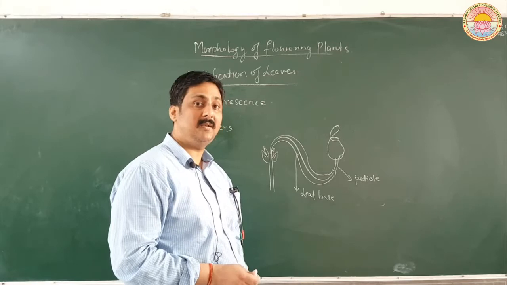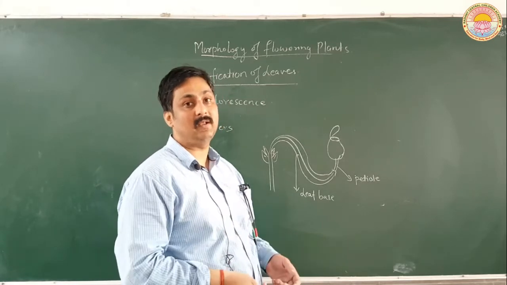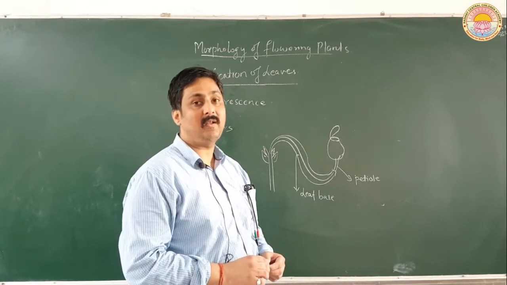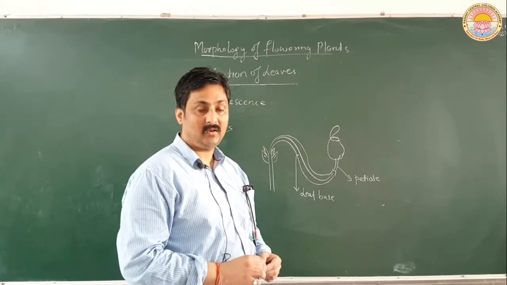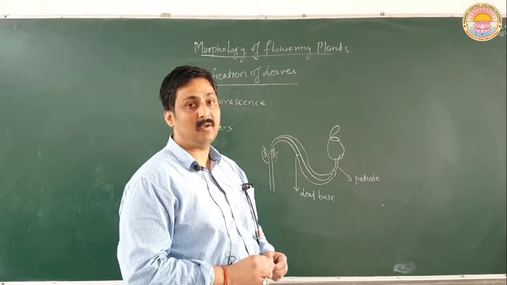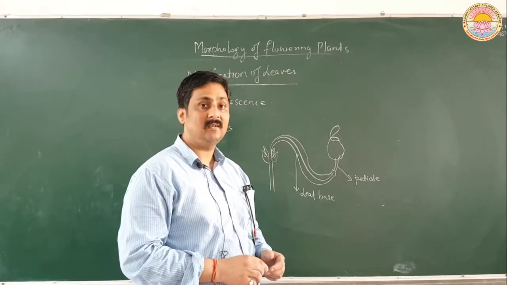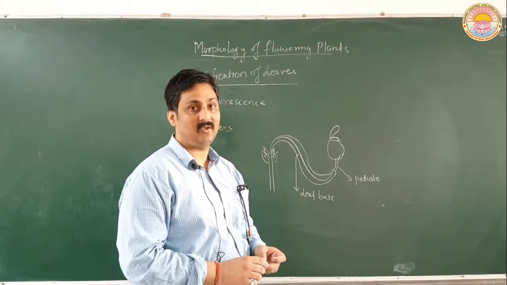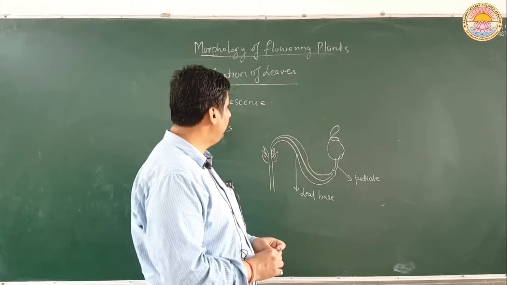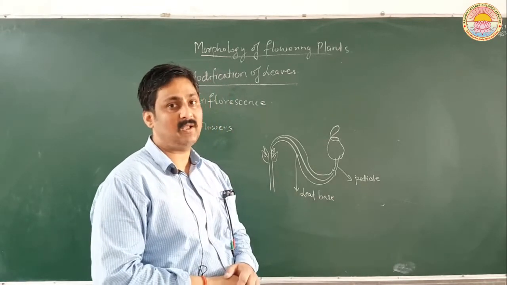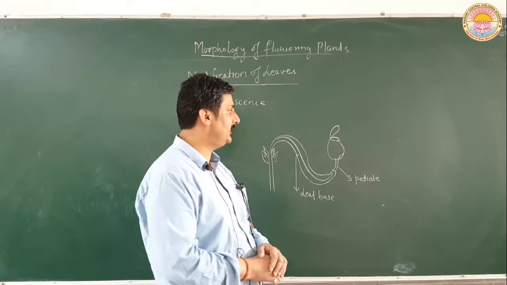The stem has been modified to form a flower, and you know in angiosperms flowers are very important. It contains the male reproductive organ as well as the female reproductive organ as well as certain other accessory parts which help in reproduction. So the arrangement of flowers on the floral axis is called inflorescence.